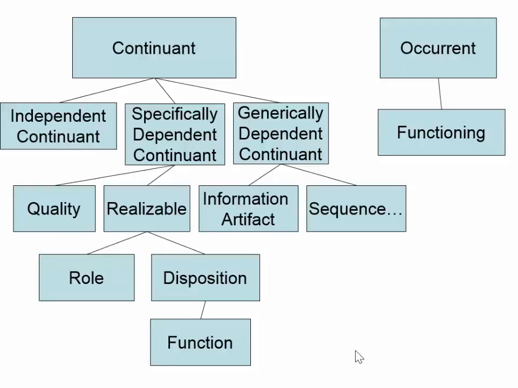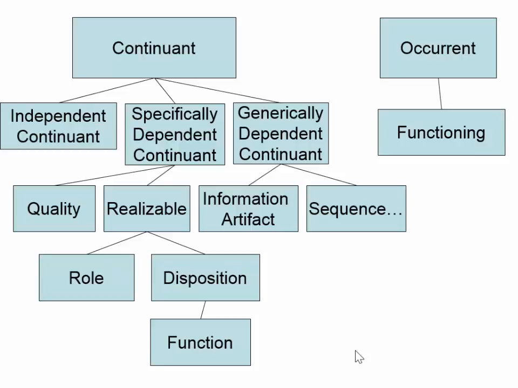Functionings are realizations of functions, and things like experiments are realizations of plans, which are dispositions which are determined by plan specifications which are concretized, for instance, in patterns on screens which are read by people who thereby adopt the plan and realize it in certain actions.